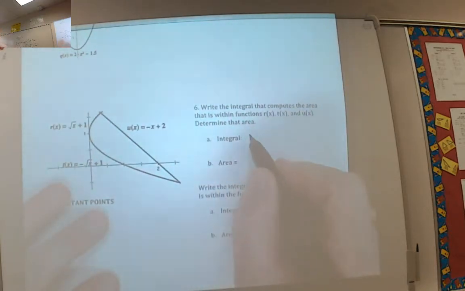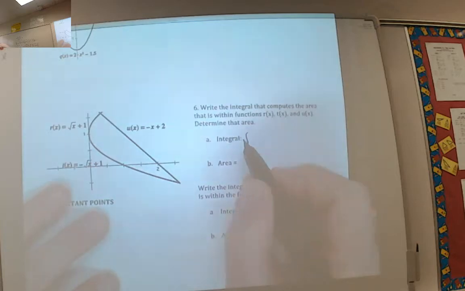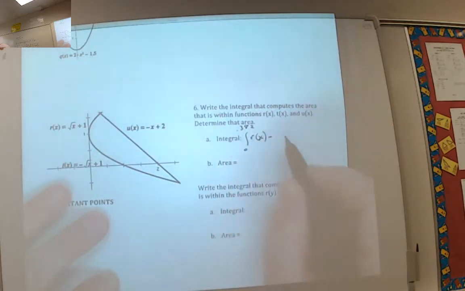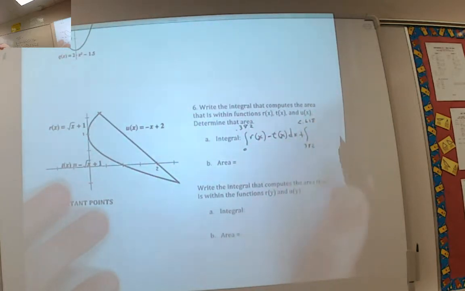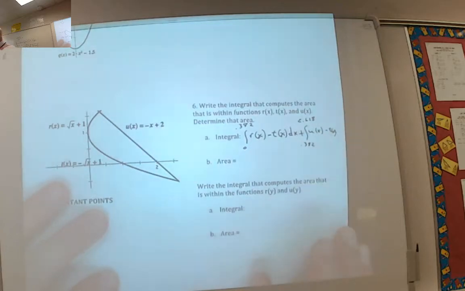Just as a review. 0 to 0.382, r of x minus t of x dx, plus the integral of 0.382 to 2.618, I think. And it was u of x minus t of x. Something like that, dx.